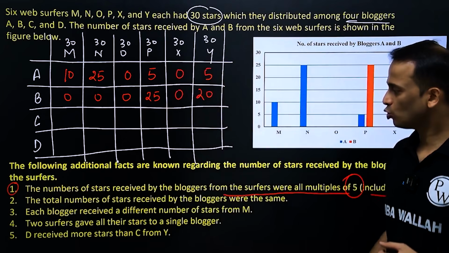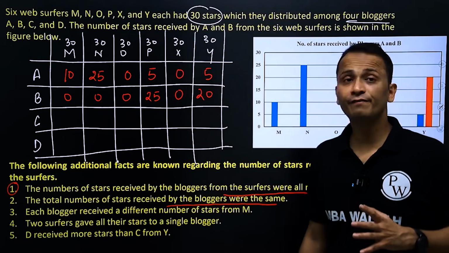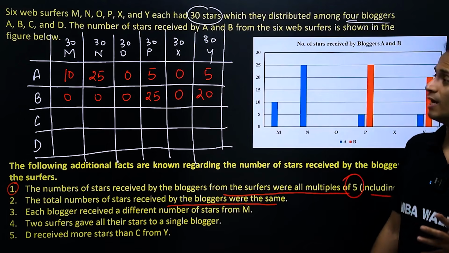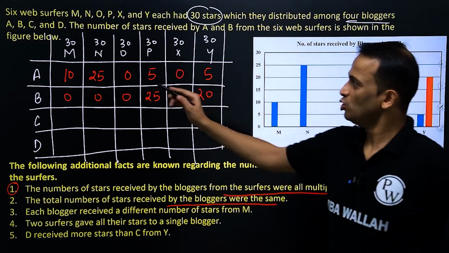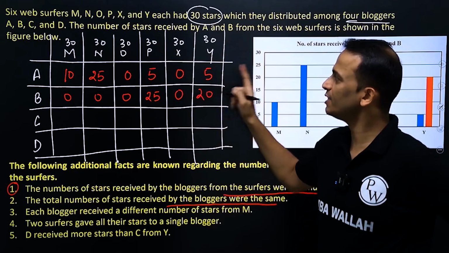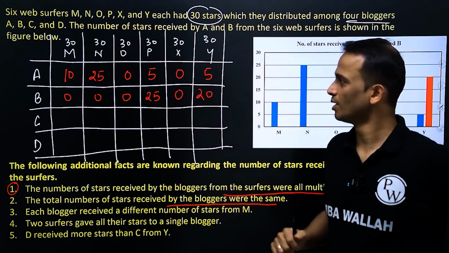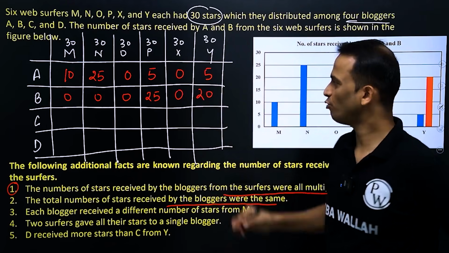Second point, the total number of stars received by the bloggers were the same. Every blogger has received equal number of stars. Total number of stars 180, 30, 30, 30, 30, 6 times, 180. 180 equally divided among 4 people. 180 divided by 4 is 45.